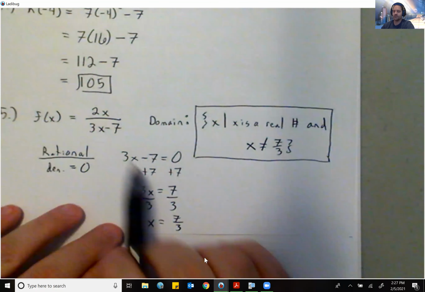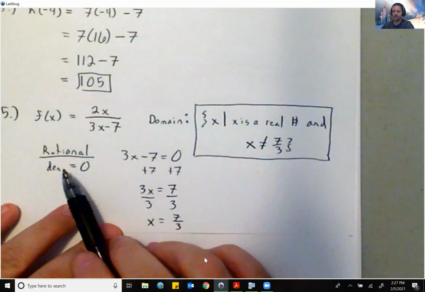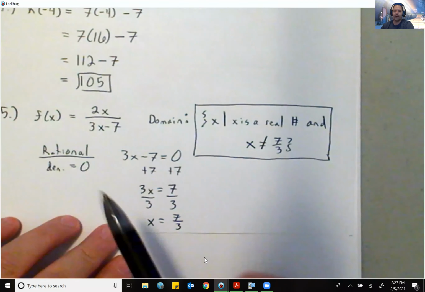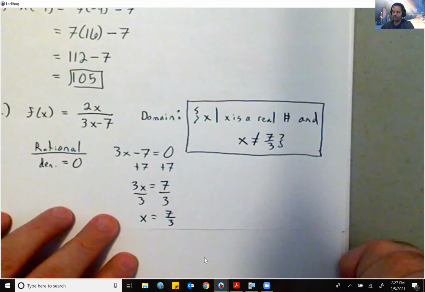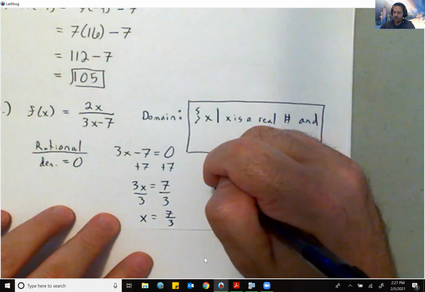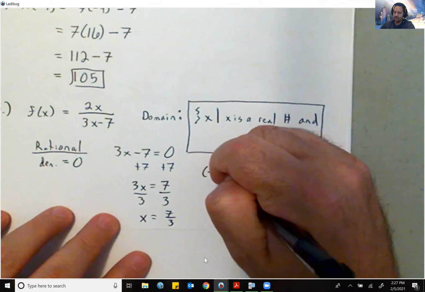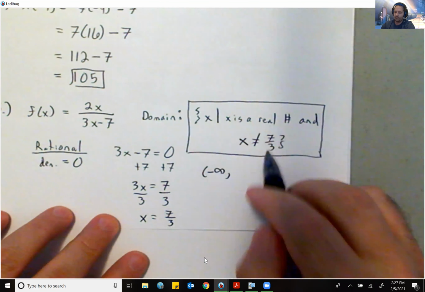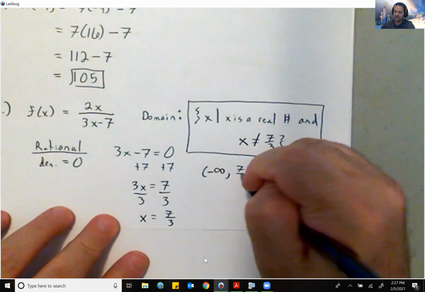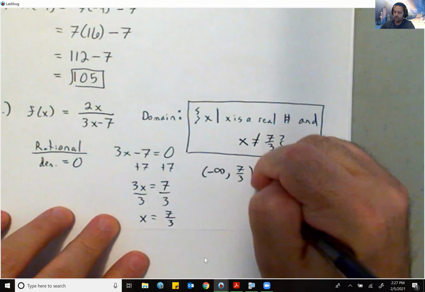So with rationals, you set the denominator equal to 0. If it wanted interval notation, remember it would start at negative infinity, go up to my number, and then it's parenthesis, union, parenthesis.